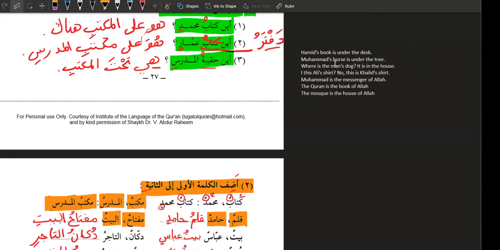Okay. Someone says that something is missing. Is this okay? The S. You know what I mean. Just write it in yourself. The mosque is the house of Allah, and then so that's 1, 2, 3, 4, 5, 6.